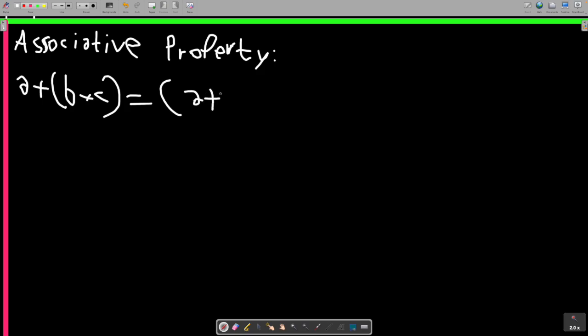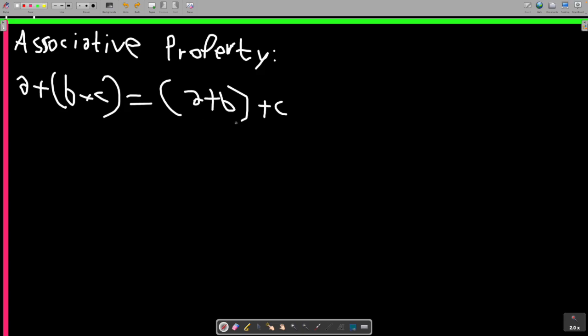Now what does this mean? This means that if you add a plus b first, that will give you the same amount as if you do b plus c first.